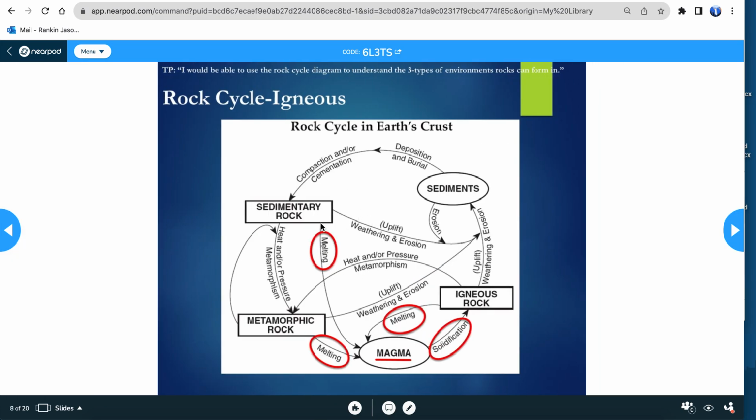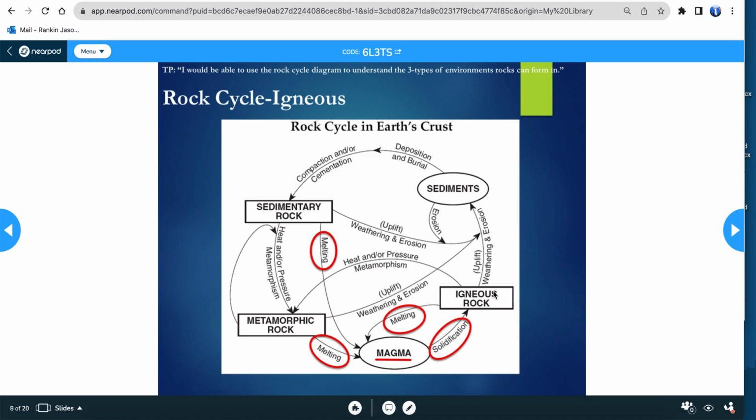All right, igneous rock in this sequence here: sedimentary rocks can melt, metamorphic rocks can melt, igneous rocks can also remelt again to form molten rock, magma, below the surface, and that must cool and solidify to make igneous rock. Now, I don't like this diagram too much here because if we see magma, we're kind of only inferring that this box here is intrusive igneous rocks, right?